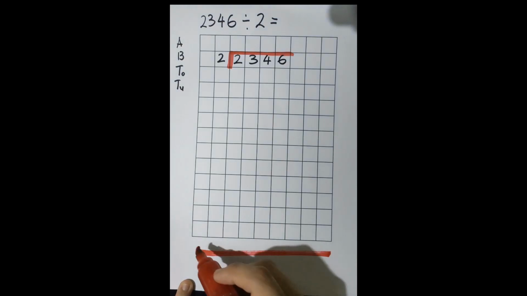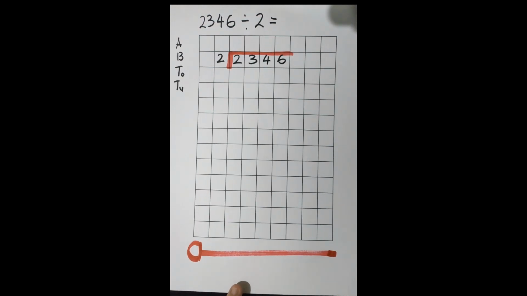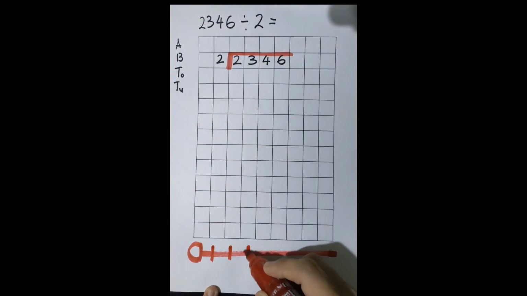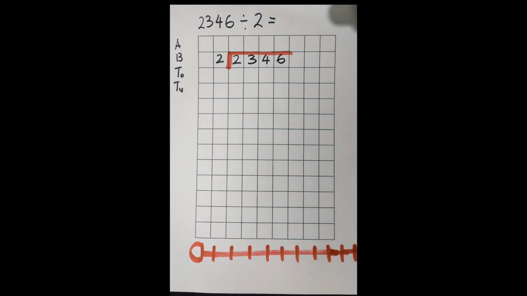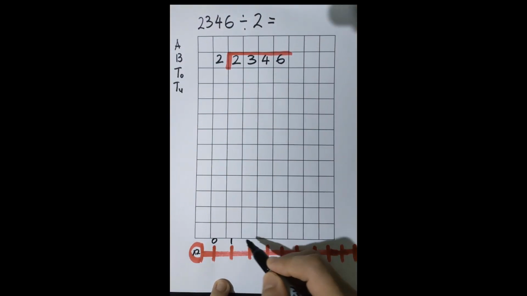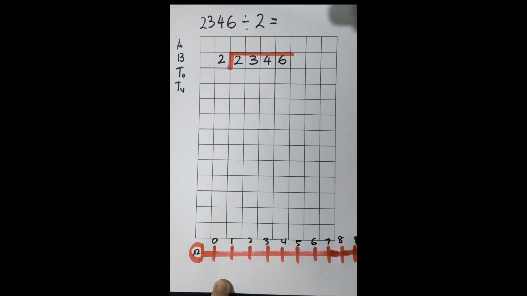So 2,346 divided by 2, so we are going to use timetable 2. Okay, so saya draw tulang ikan dulu. If you already memorize your timetable 2, then you don't need to use this tulang ikan. So 1, 2, 3, 4, 5, 6, 7, 8, and 9. Then equal. Times 2, we are going to start with 0, 1, 2, 3, 4, 5, 6, 7, 8, 9.